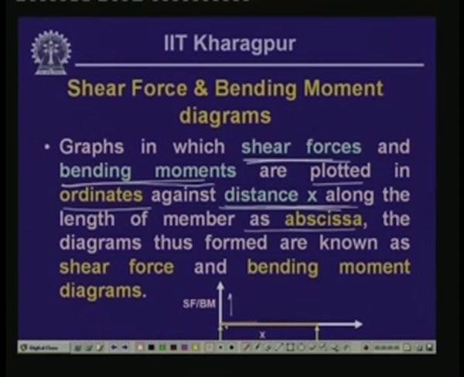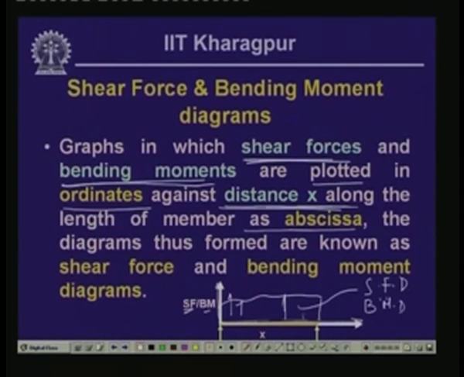We choose our coordinate axes in such a way that the abscissa lies along the axis of the beam and the ordinate is perpendicular to the axis of the beam. If we plot the shear force ordinates along the length of the beam, the plot is the shear force diagram, or the bending moment diagram if we plot the bending moment ordinates.